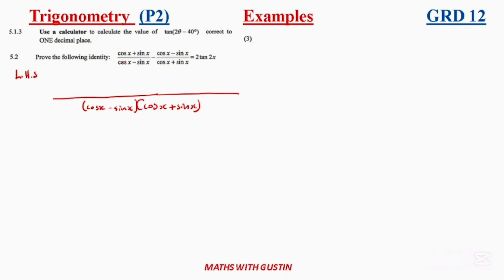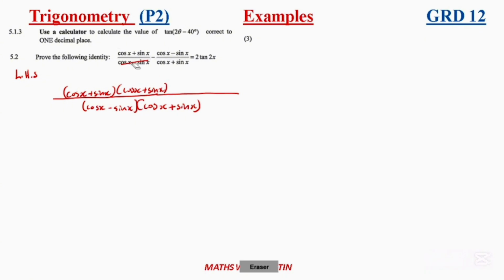Now what do we have here? We're going to say this cos x minus sine x goes how many times here? I always tell my analysts it's like you're saying this one cancels this. What is left? You are left with cos x plus sine x, which will have to multiply the numerator here, which is cos x plus sine x.